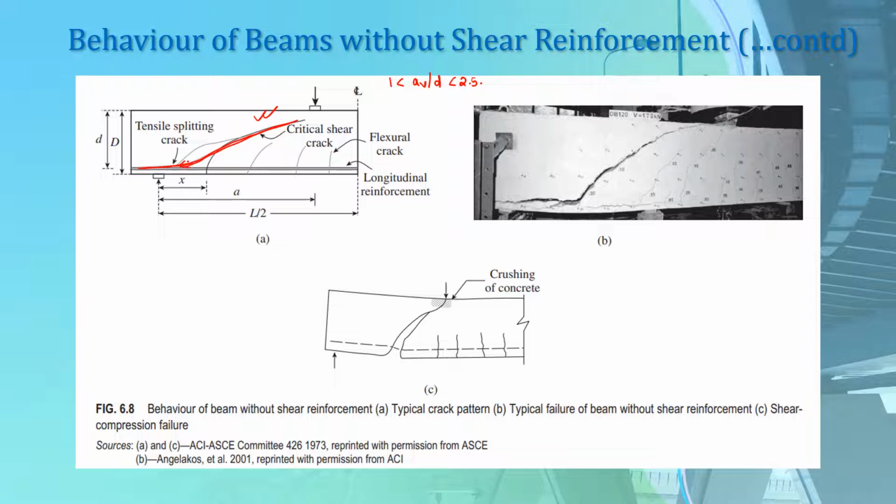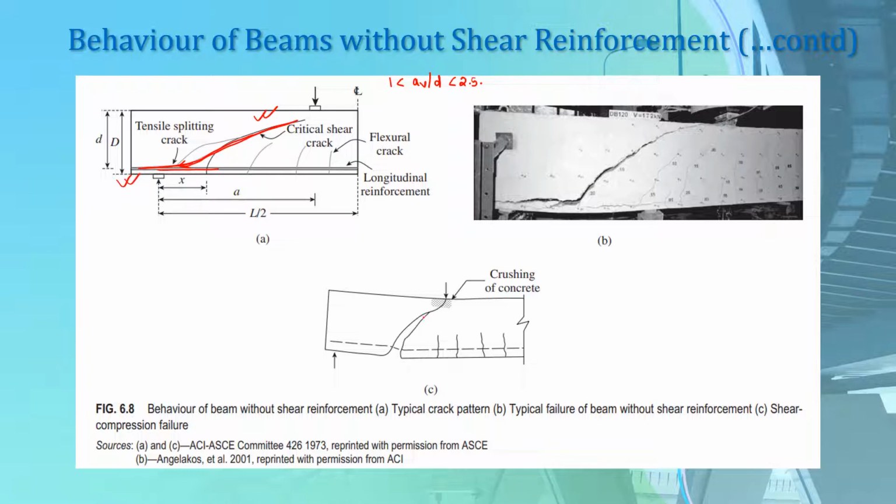So when these cracks propagate backward, they cause the bond failure. That means the bond between this longitudinal steel and the concrete fails. And when that bond failure occurs, there occurs splitting action, and thus the beam fails by splitting failure. Or what also may happen is that this is the case when the crack propagates backward.